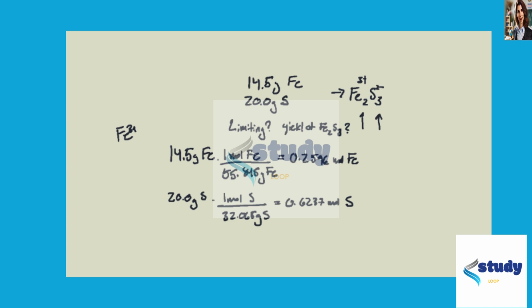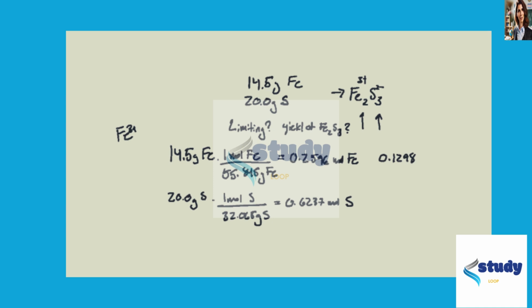So to determine the limiting reagent, what we want to do is divide each of these numbers by their respective stoichiometric coefficient, 2 and 3, to determine which of them we have the least of, right? So if we take the moles of iron we have and divide it by 2, 0.2596 divided by 2, we get 0.1298.